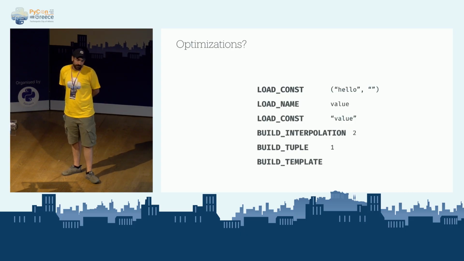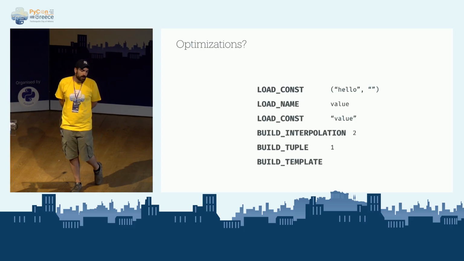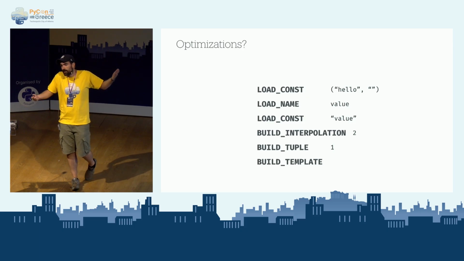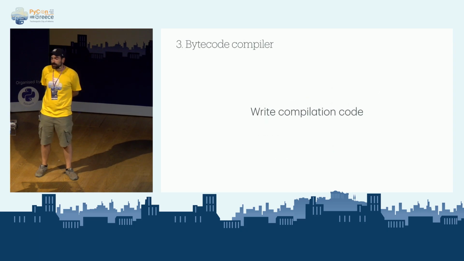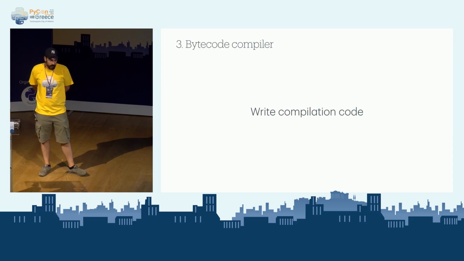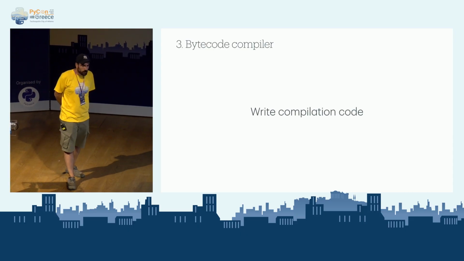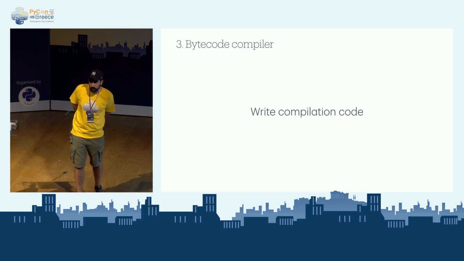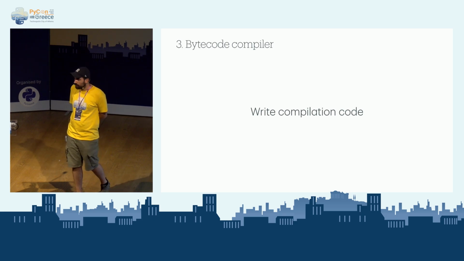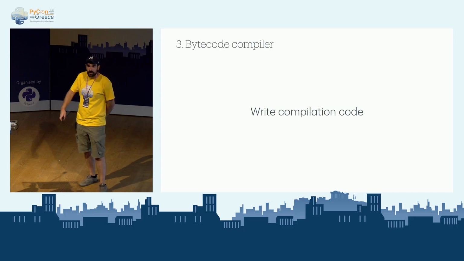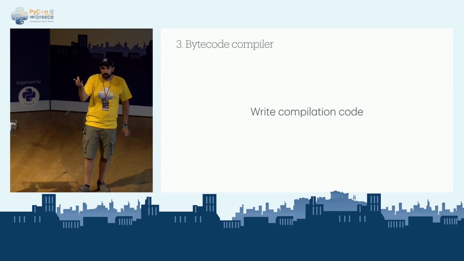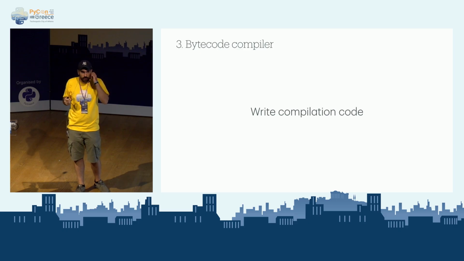So at the end, what we need to do is take those bytecodes and actually run them, and that's what happens after everything is said and done. So in order to work on the bytecode compiler, we have to write actual compilation code. It's not generated like we said about the parser. It's writing the actual code that walks the tree and takes each node and produces the associated bytecode.